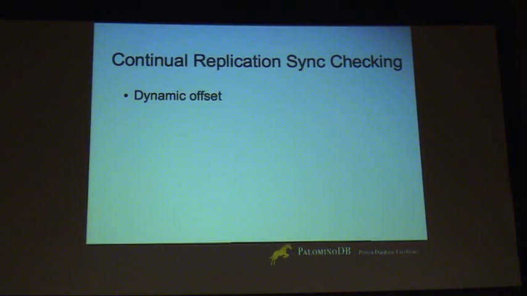Now this is a continual thing because what happens is, it's Sunday at midnight, you check 1/21st of the data, right? And then Sunday at noon, you check the second offset, and then at 8 a.m. you check the third offset.